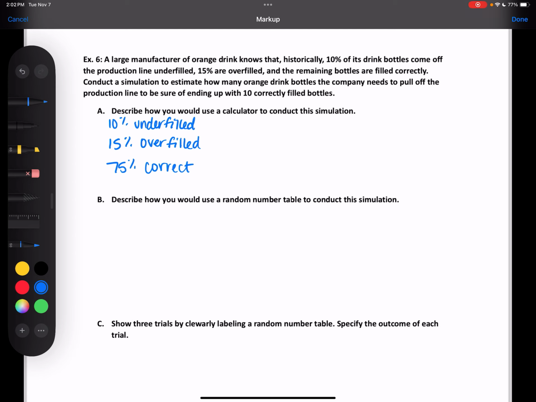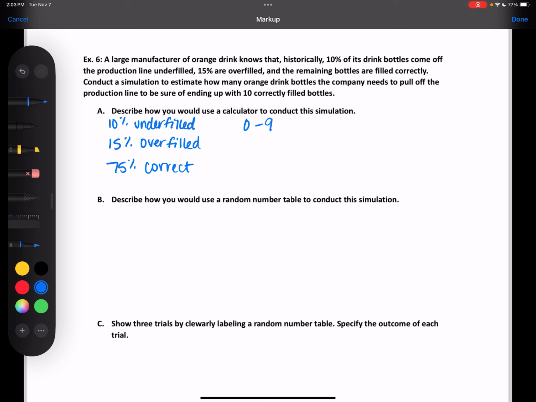Now, with the calculator, I can do it a little differently, but let's say I was doing the random number table, I would need double-digit numbers from the beginning. So, basically, what I'm going to say is that 0 through 9 is going to represent underfilled, because that's 10%.